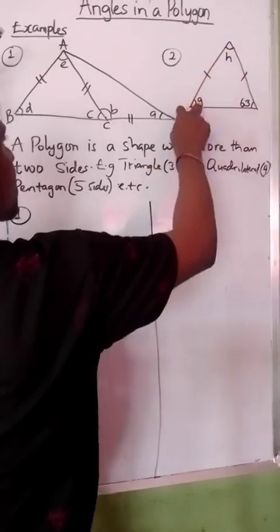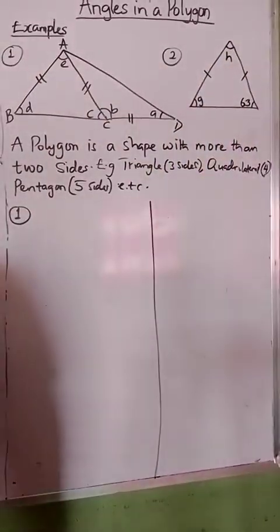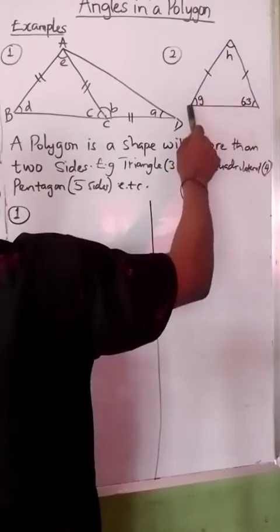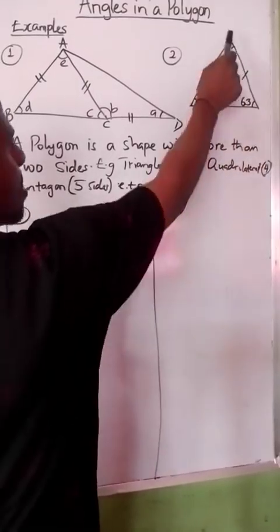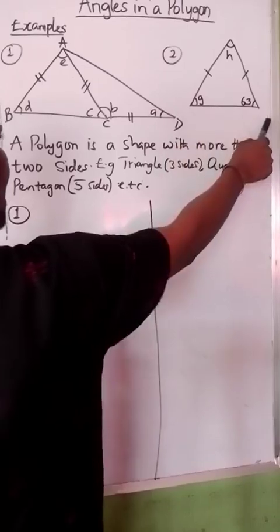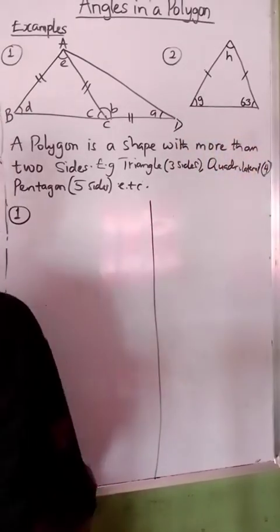If this line is 10 centimeters, this line will also be 10 centimeters. It also means they are forming the same line with the baseline, so that will make their angles the same.